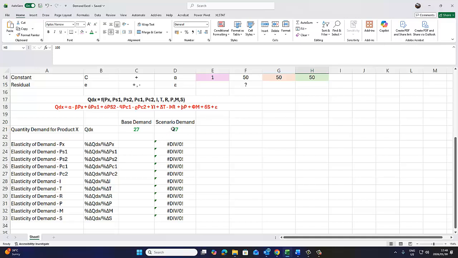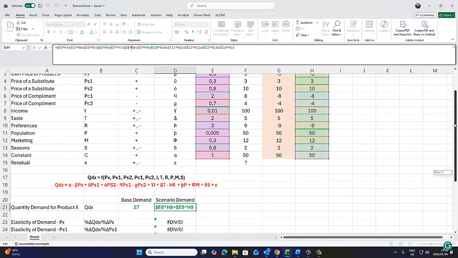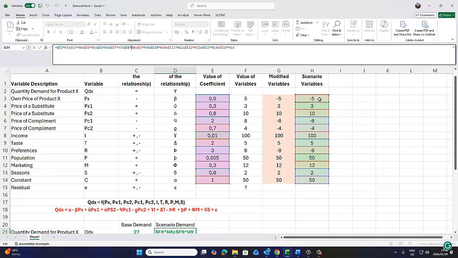So I've created a second place here where it says the quantity demand of product X in terms of our scenario demand. In this case, I do exactly the same as previously. I've got the coefficient multiplied not by the modified variables, but by the scenario variables.